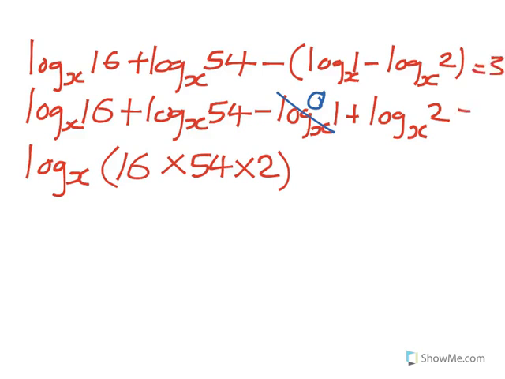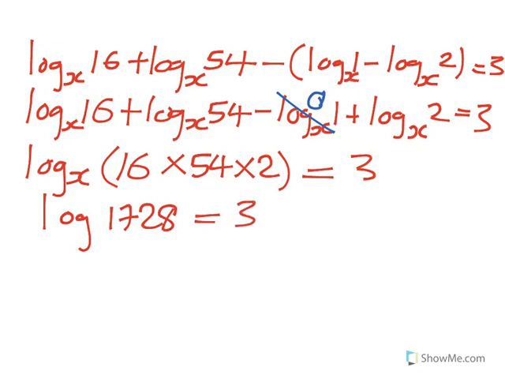Remember this was equal to 3, and the previous one is equal to 3. Now we're back to say log 1728 is equal to 3. Same thing, back now to say x to the power 3 was equal to 1728.